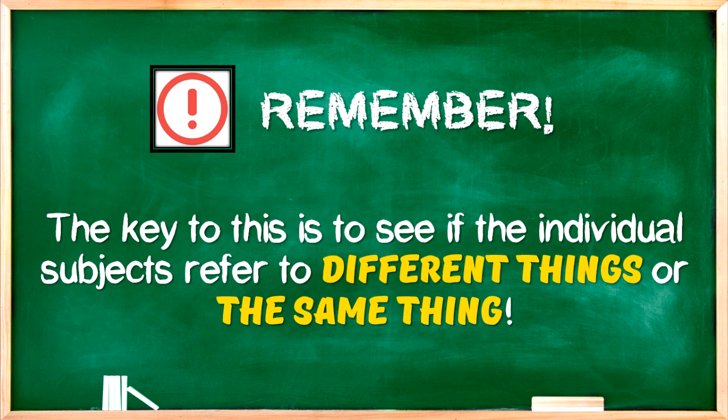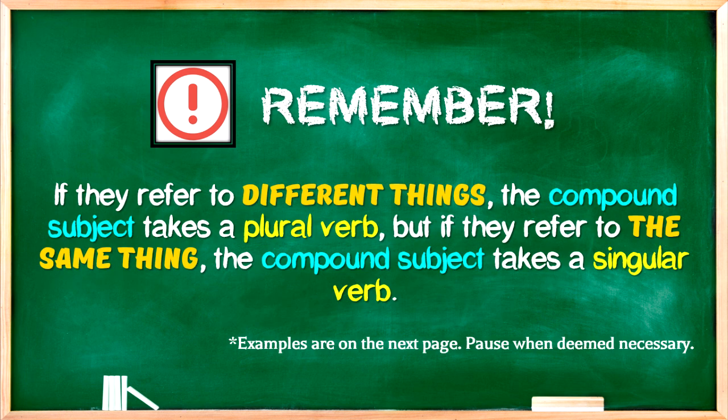The key to this is to see if the individual subjects refer to different things or the same thing. If they refer to different things, the compound subject takes a plural verb. But if they refer to the same thing, the compound subject takes a singular verb.